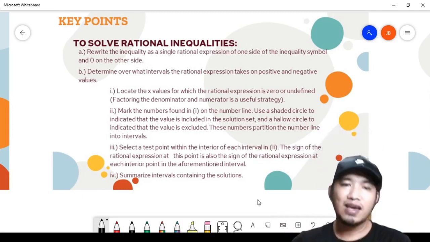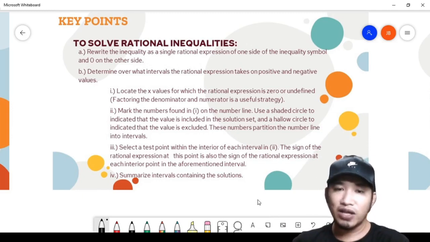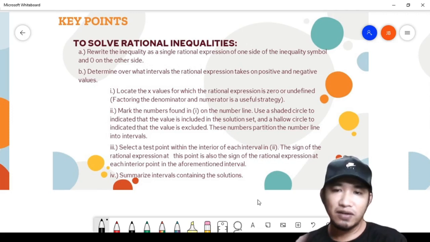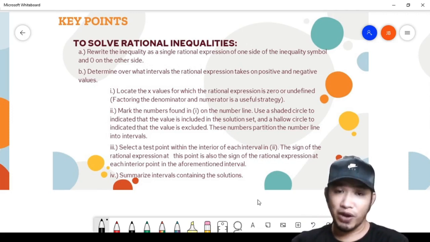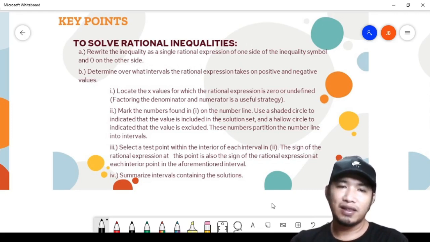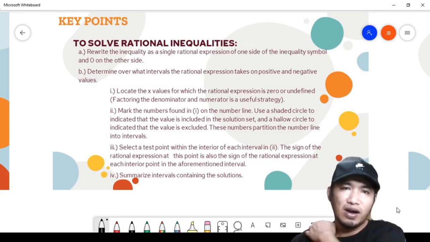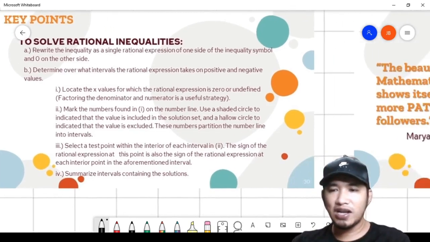Okay, and then select a test point within the interior of each interval in 2. The sign of the rational expression at this point is also the sign of a rational expression at its interior point in the aforementioned interval. And then, summarize interval containing the solution. So, yun yung steps to solve a rational inequality.